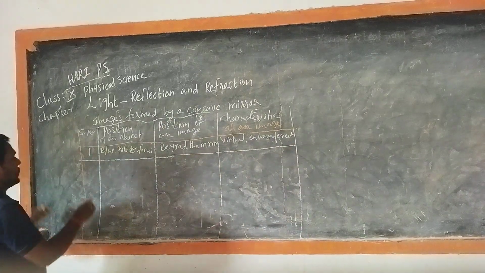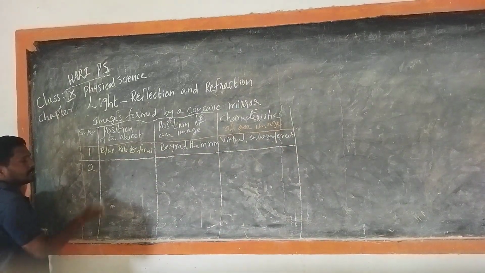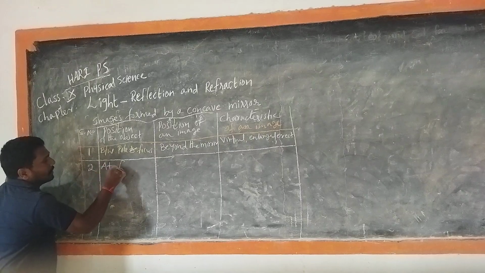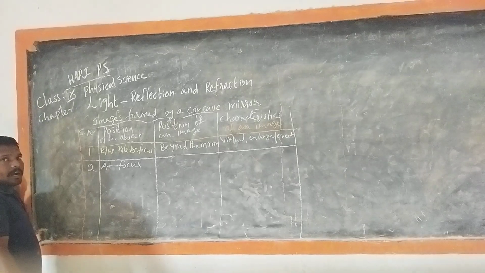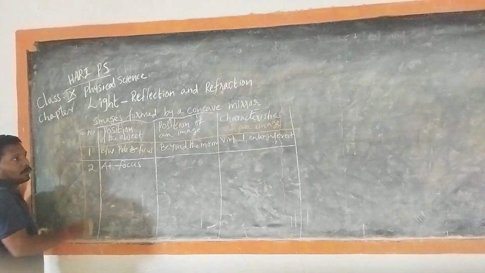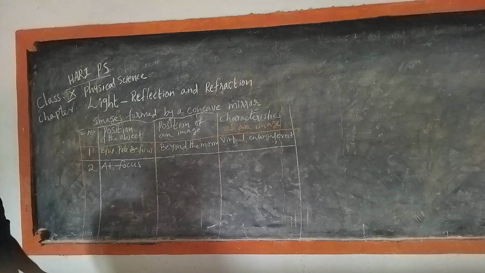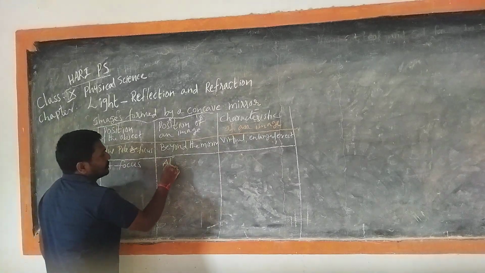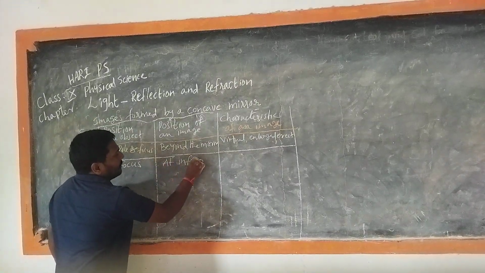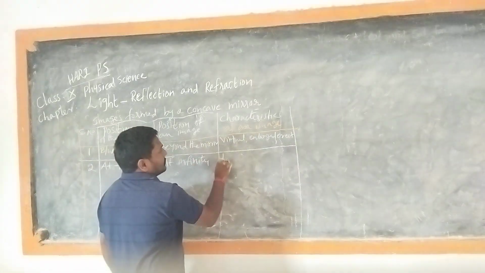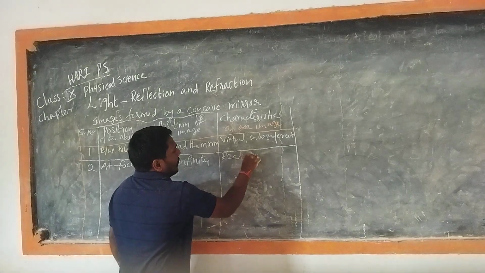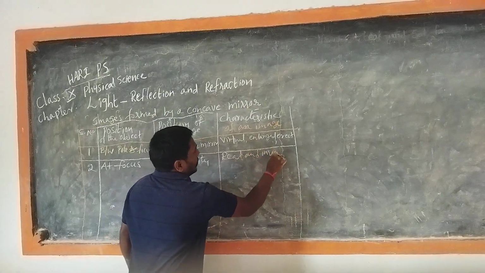Then the second position, where you place the object at focus. If the object is placed at focus, where is the image formed? At infinity. The characteristics are real and inverted.